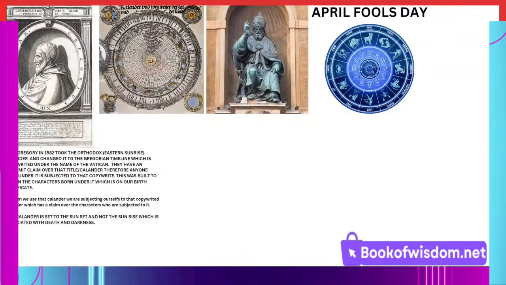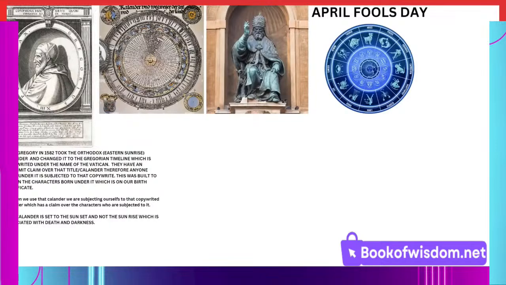This is why all birth certificates go to the Vatican. They own every single birth certificate. Okay? So when we use this timeline, we are subjecting ourselves to this timeline. Okay? Which the Vatican has a claim over.